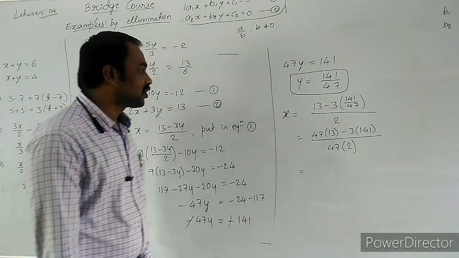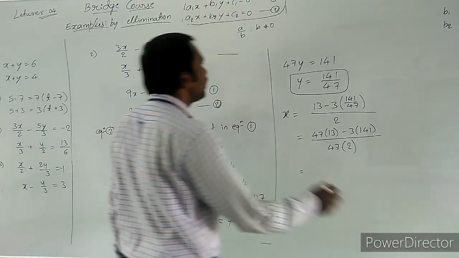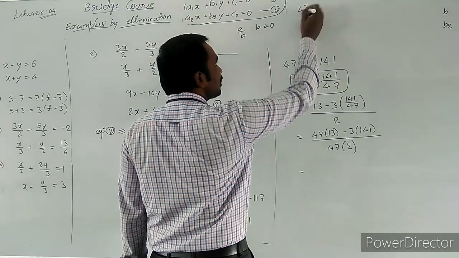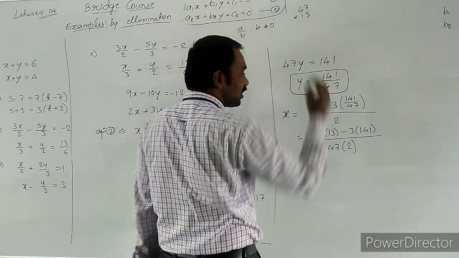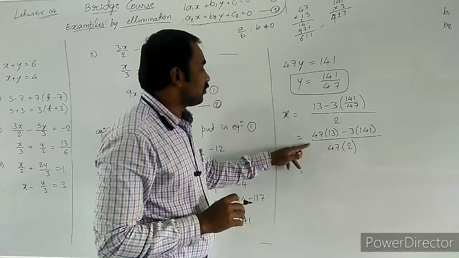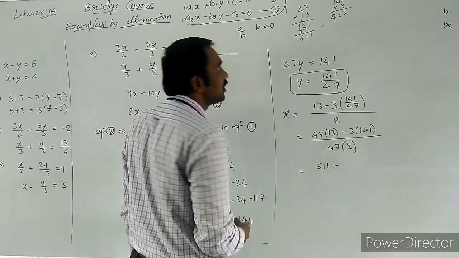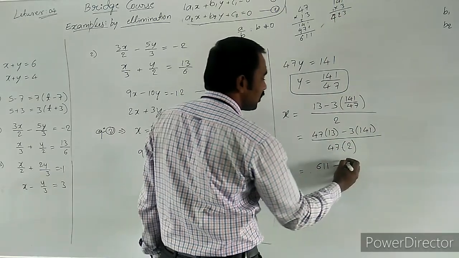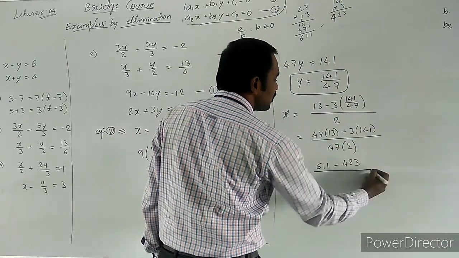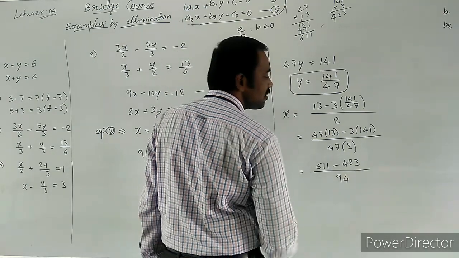What is the multiplication of 47 into 13? 47 into 13 is 611, minus 3 into 141 is 423, divided by 47 into 2 is 94.